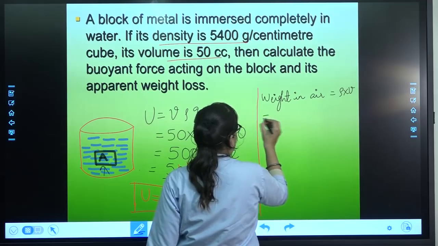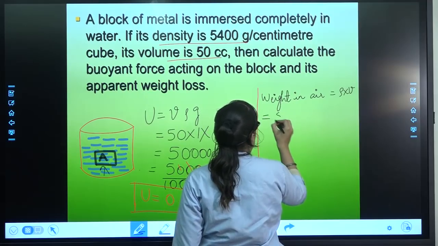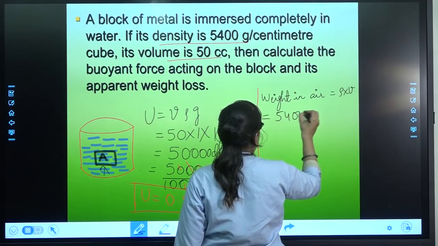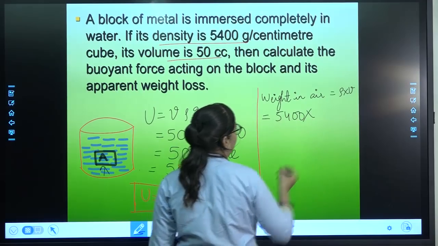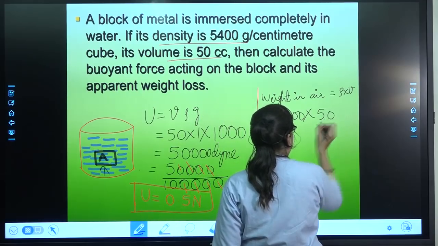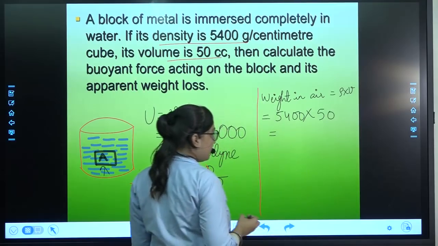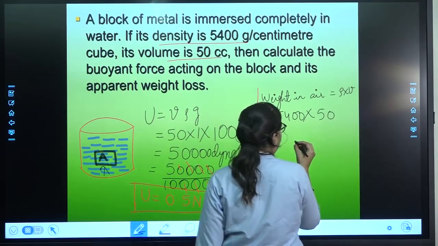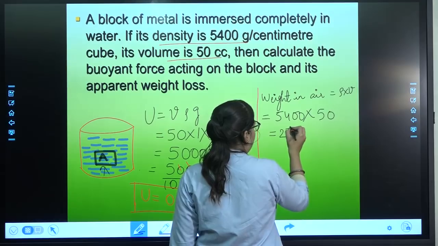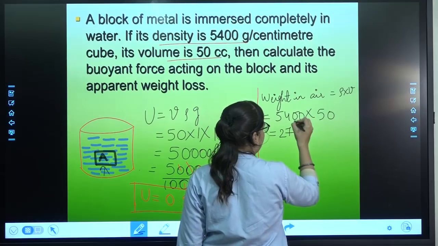The density is 5400 into its volume, which is 50. If you multiply 54 with 5, you get 270.